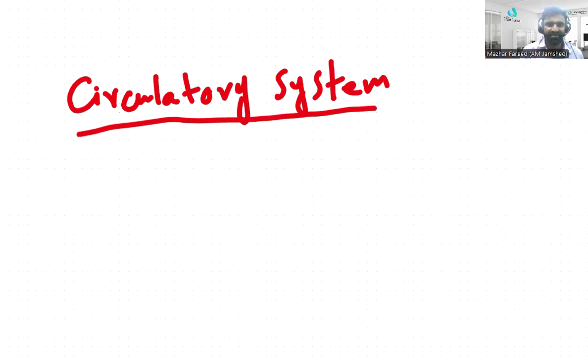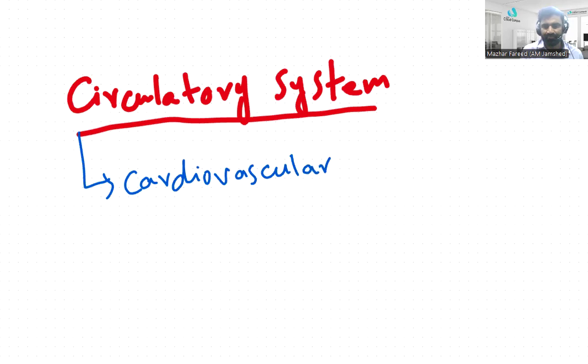If we see that, we can say this circulatory system is also known as the cardiovascular system. And this circulatory system is a complex network system.